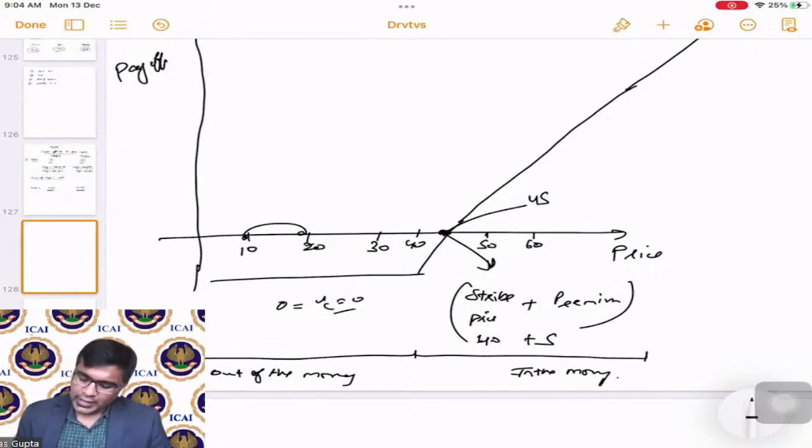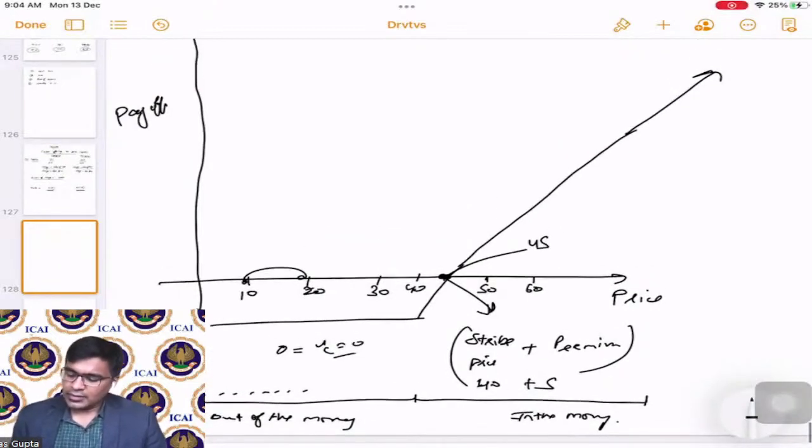Slowly, gradually, it will go up. And finally, once it reaches the at the money stage, this delta will increase from 0 towards 1, and finally here it will be 1. So the delta here will be 1.